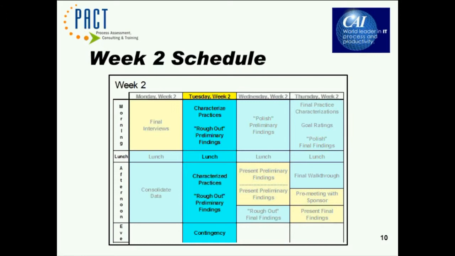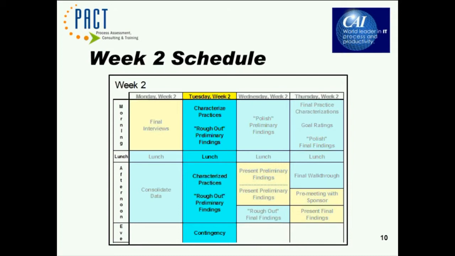One of the primary functions that they have toward the end of an appraisal is to determine for each project that we've evaluated, were the practices within their area of responsibility fully implemented, largely implemented, partially implemented, or not implemented. So those are the 4 decisions that they're making for each practice as implemented or not on each project.